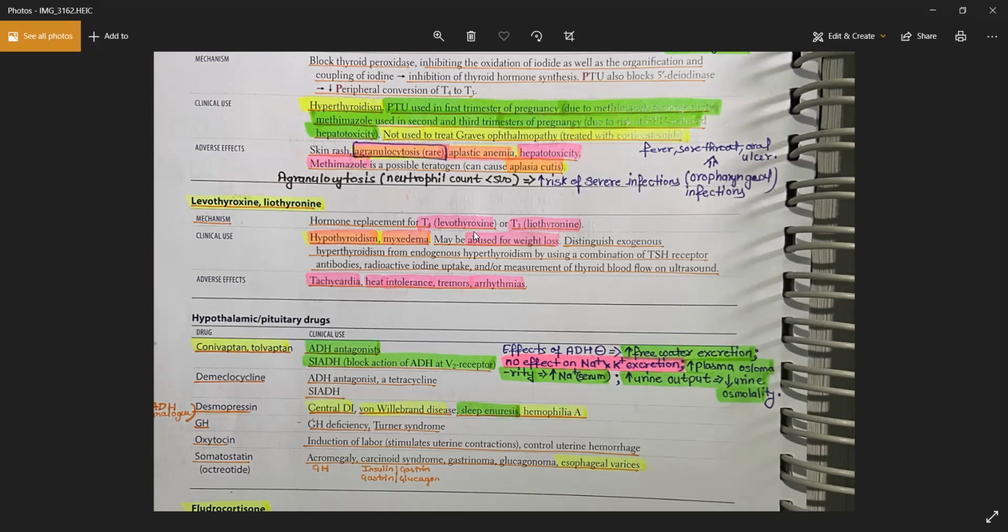So you always need to distinguish between exogenous thyroid intake and hyperthyroidism. This can be done by the biopsy of the patient's thyroid gland. Second thing is the radioiodine uptake. Third thing you can do is check the thyroid blood flow.